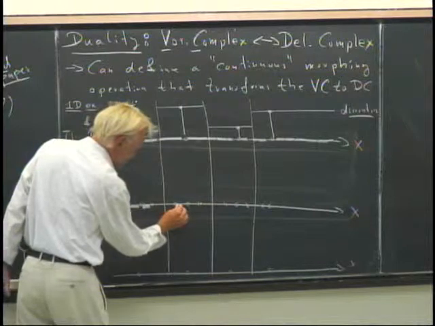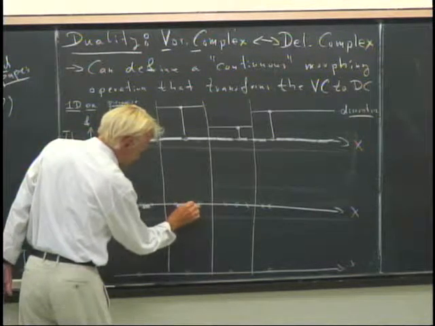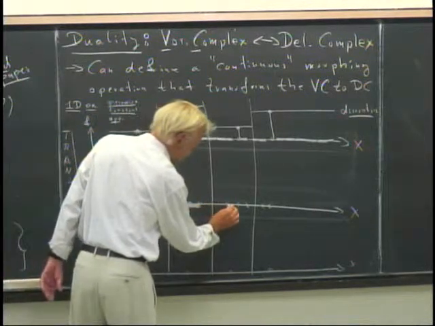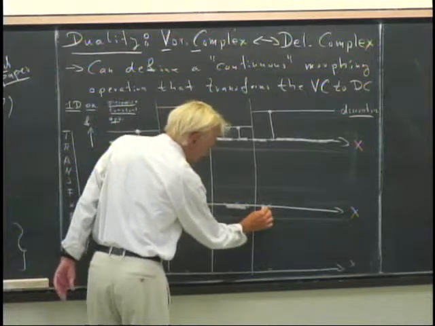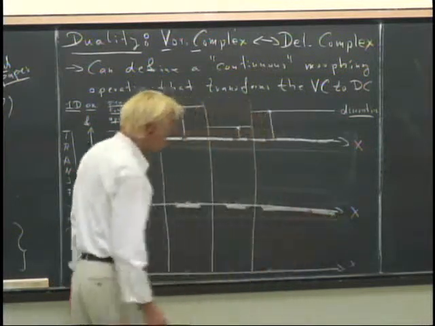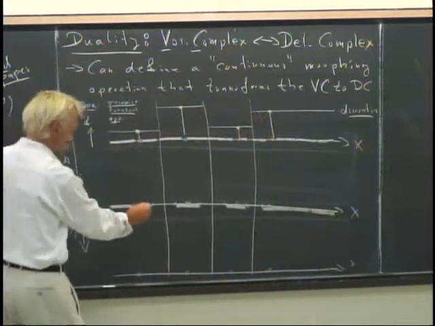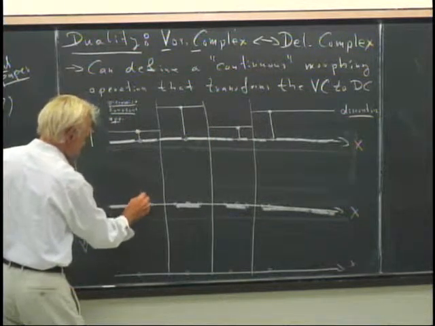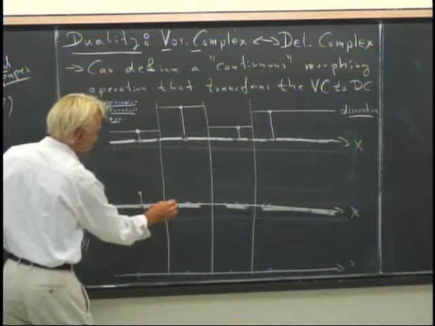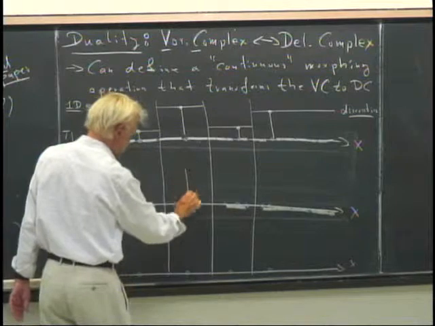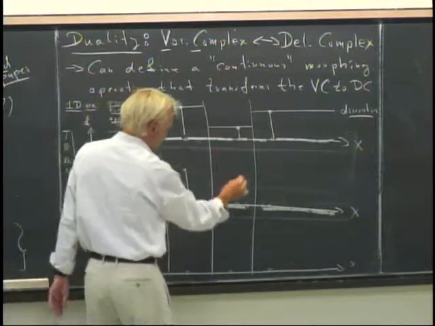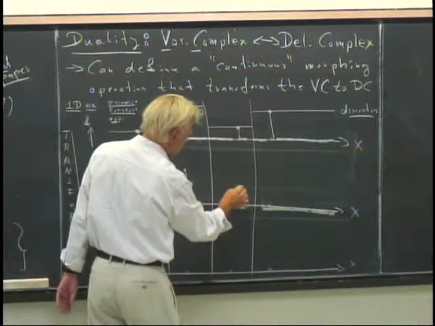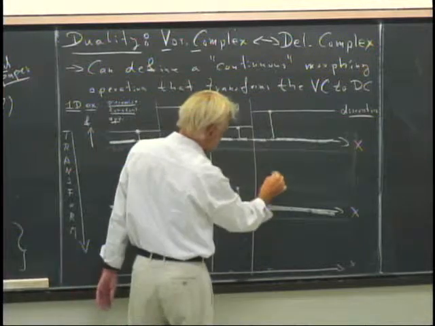This one just begins here, goes like there, and here the tile is here, and this tile is like that. I still have the function values over the original sites, namely this one and this one. This value and this value.